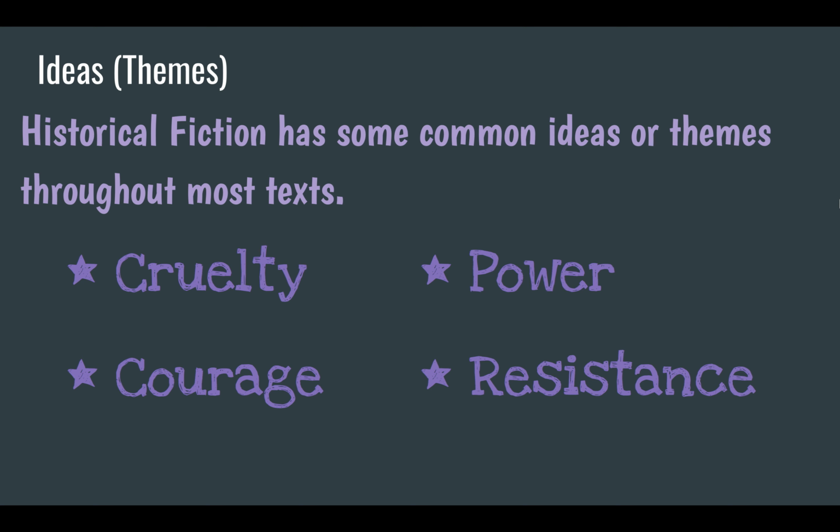Courage is that bravery that someone or something has. Power is being able to have a strength, something that you're good at. And then resistance, that's going against something that is being forced on you.